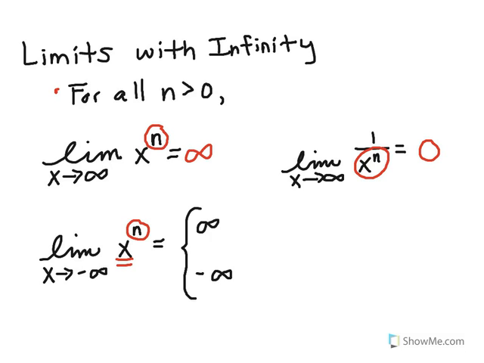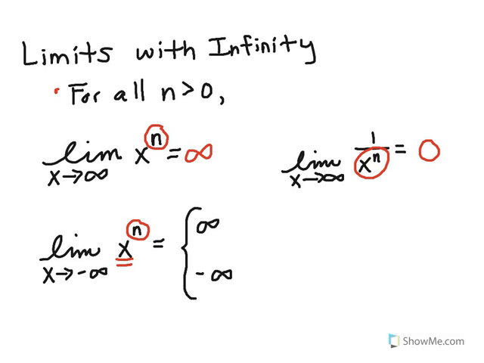So I can have one of two outcomes. Either this limit approaches infinity or it approaches negative infinity. In order for it to approach a positive infinity, a positive number, that exponent, that n, has to be even, because that makes any number, no matter what x is, positive.